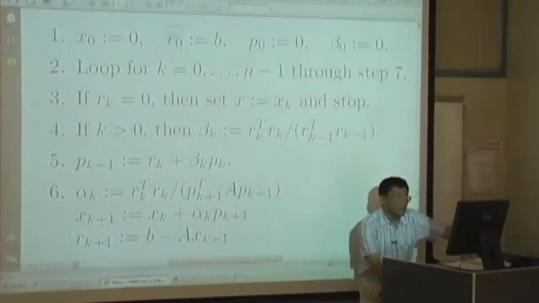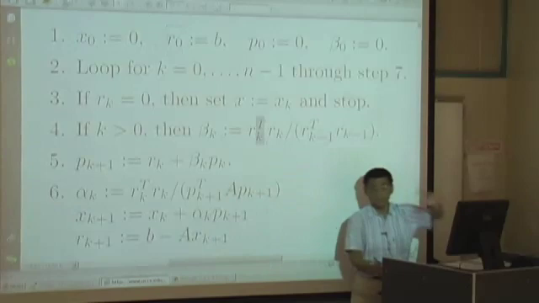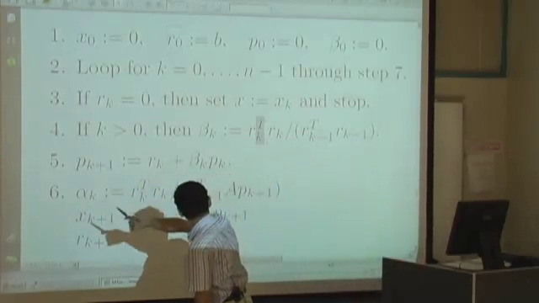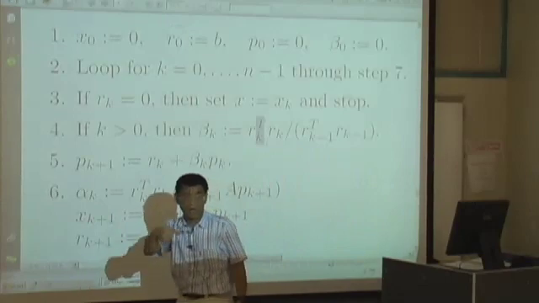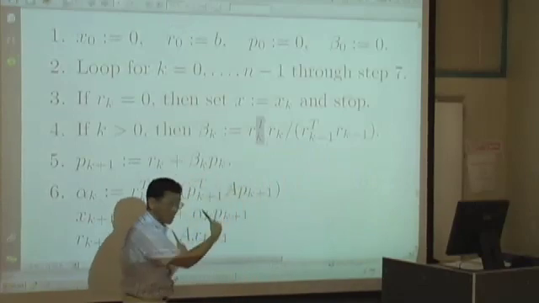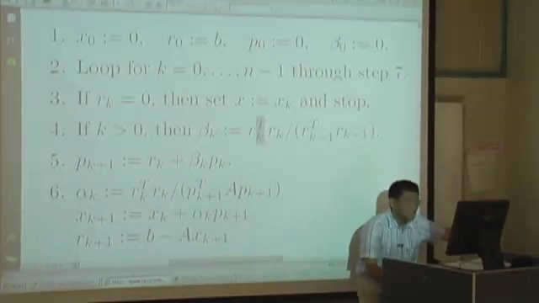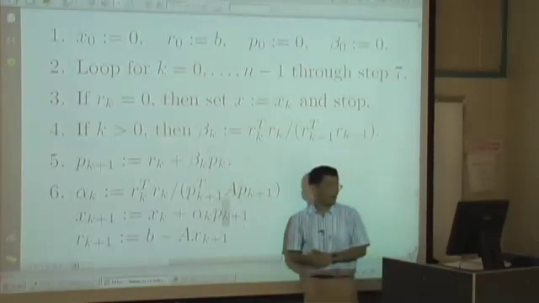What about r? r requires two different. So for r, you may keep r previous and current r, or r k minus 1 and r k. What about p? p k plus 1, and then pk are both required, right? So p k plus 1, pk, both are required.